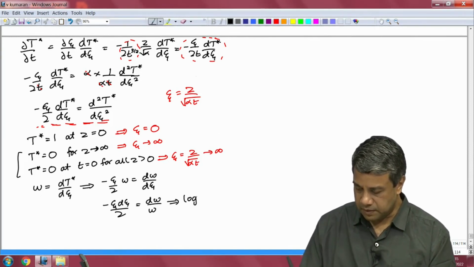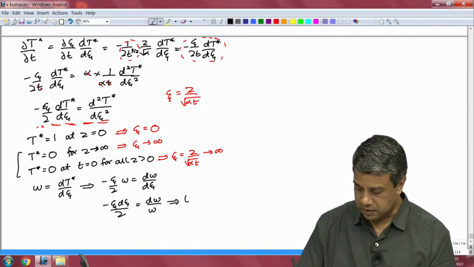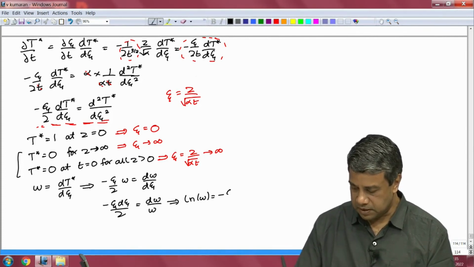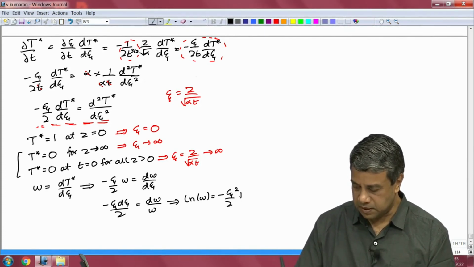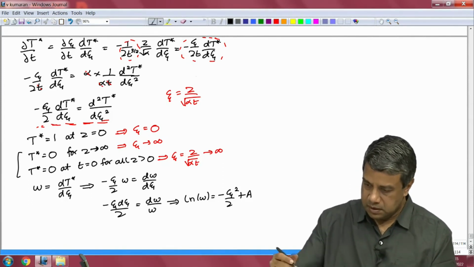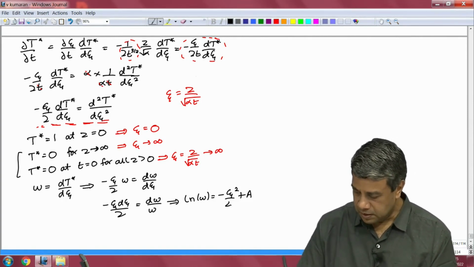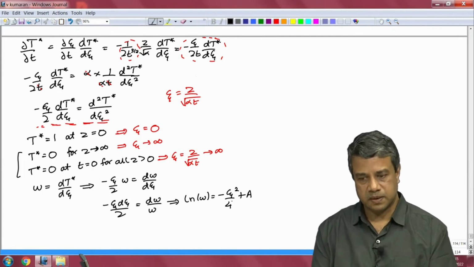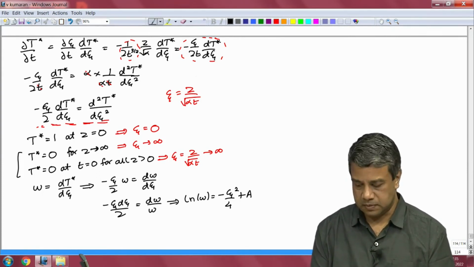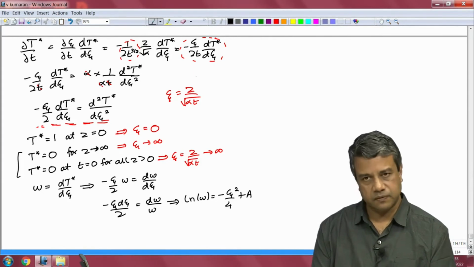The solution is ln of w, it is always a natural log, is equal to minus psi square by 4 plus a constant a. I am sorry, integral of psi by 2 is psi square by 4. So, minus psi d psi by 2, if you integrate it you get minus psi square by 4.